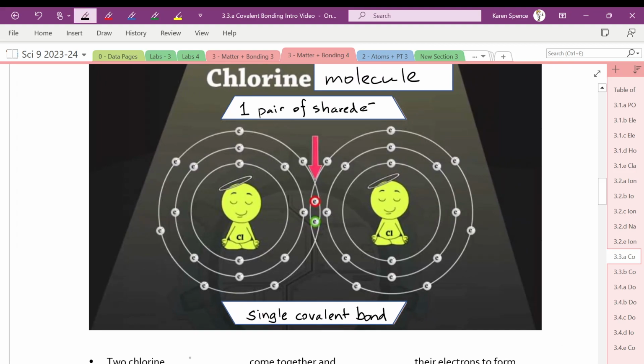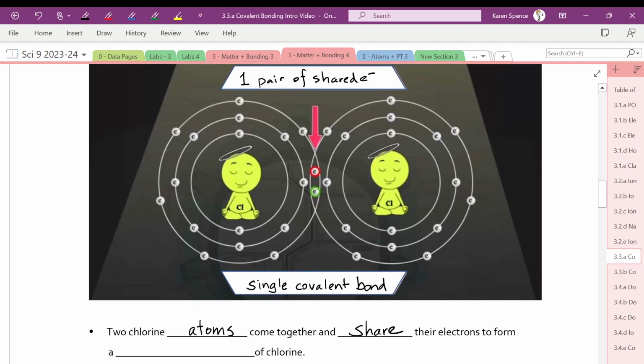So we watch the process. 2 chlorine atoms come together, and what do they do with their electrons? They share them. Share their electrons to form a what of chlorine? A molecule.